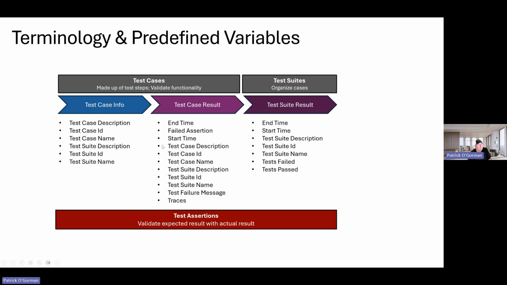But then all of these bullets that you see, these are predefined variables. If you've ever worked with system variables in Azure DevOps or really any number of systems out there that have system variables, these are predefined variables that give us a lot of information about those test cases, the test suites, what's going on with the execution of that test case, so that we can take that information and store it somewhere if we'd like. And I'll show you how to do that today.